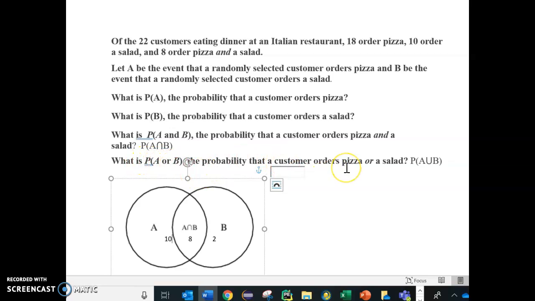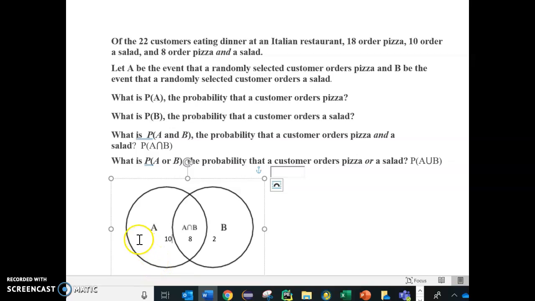What's the probability of A or B? The probability that a customer ordered a pizza or a salad. Well, this gets a little trickier. That means everything that's in A and everything that's in B. But if we take everything in A and everything in B, 18 and another 10 would be 28. We can't have 28 out of 22. That doesn't make any sense. That's because we're double counting the 8 in the middle.